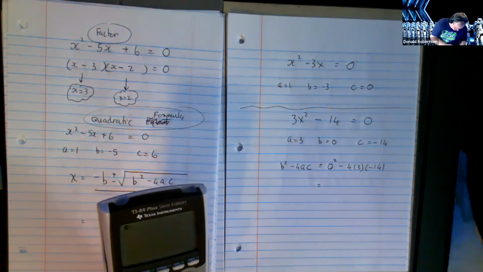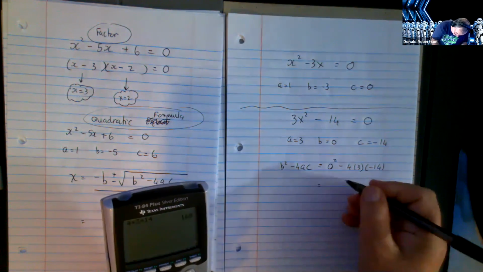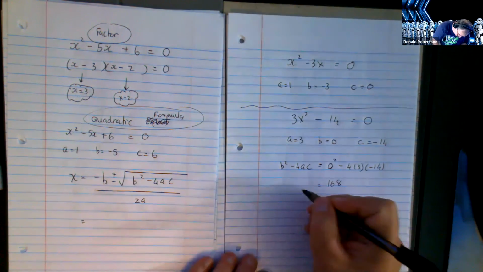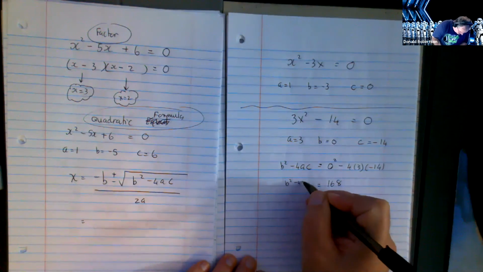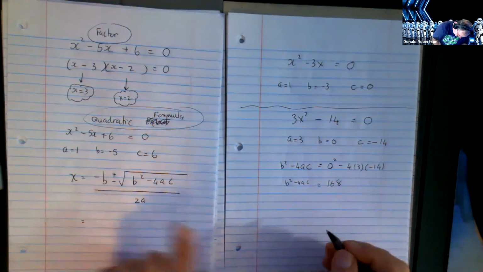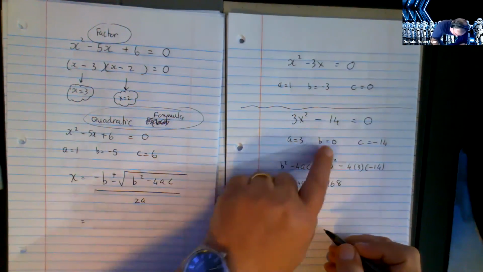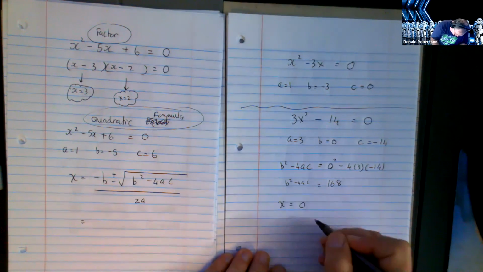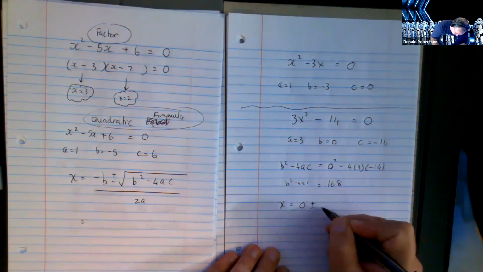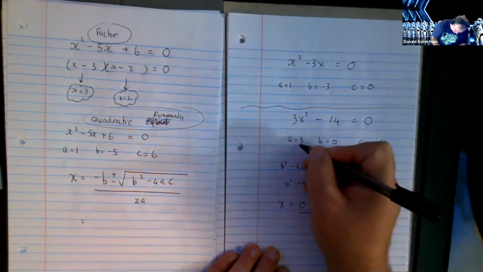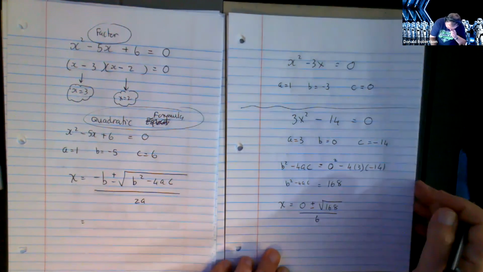I get positive 168. And so I go over here and I say, okay, x is negative b, which is negative nothing, so it's still nothing, plus or minus the square root of this number, divided by 2 times 3, which is 6.